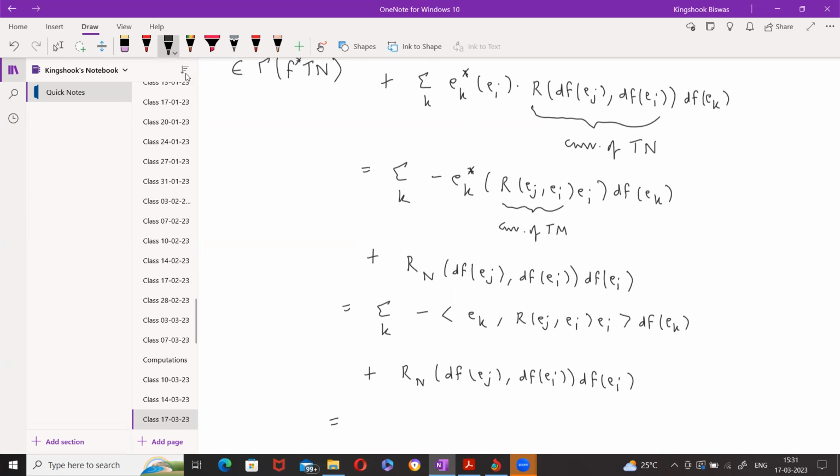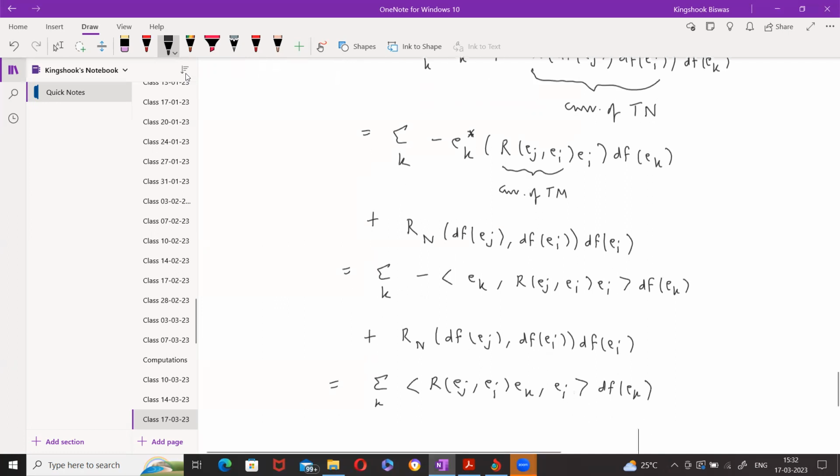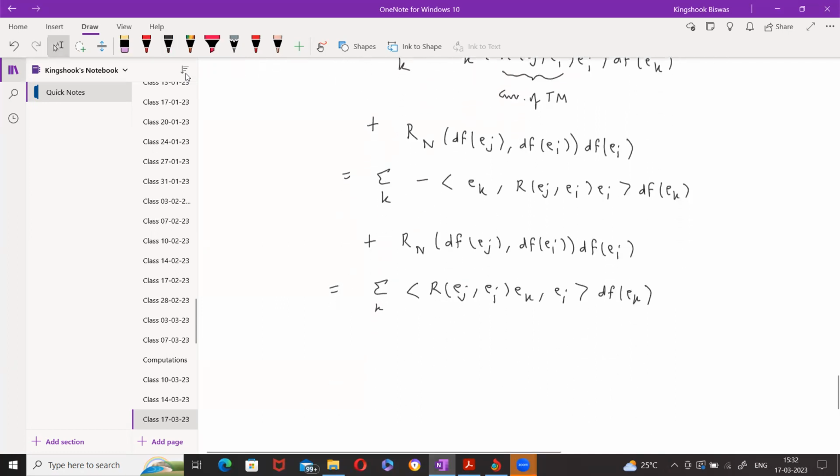So this will become the sum over k of the inner product of R of e_j e_i e_k, e_i, into df e_k, right? So minus of R e_j e_i, let me just write the adjoint of that.